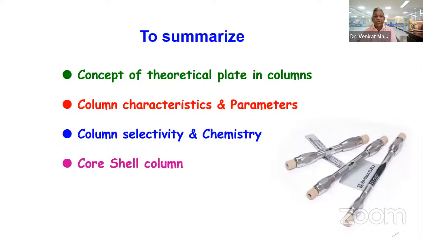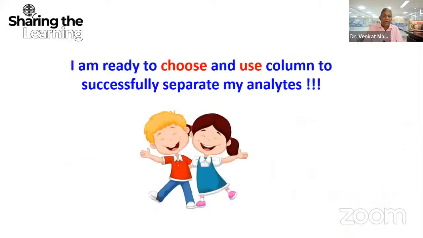I have shown you different columns and a little bit of chemistry behind them, and how a 2.6 micron particle size core shell column is able to provide much better, faster separation with better peak shape, very close to the theoretical peak that I have shown initially. Therefore, I am ready to choose and use a column to successfully separate all my analytes. Thank you all for your attention.